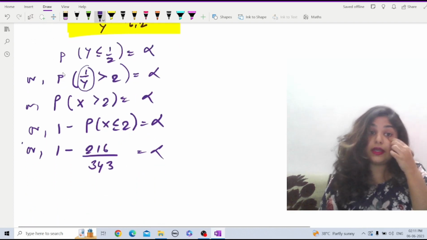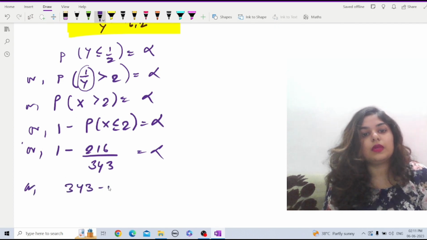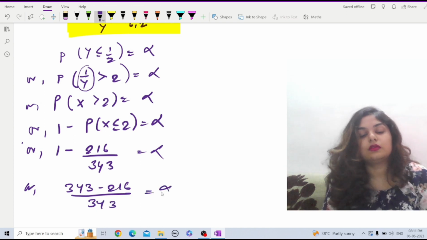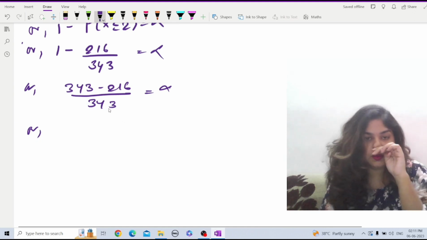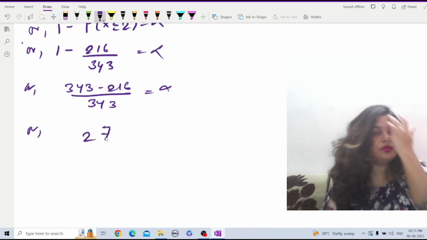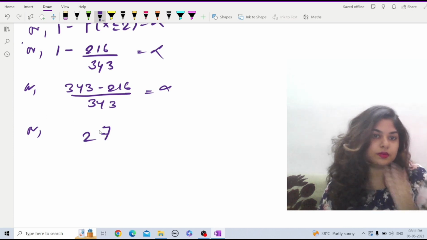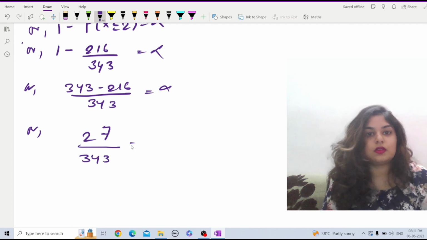Right? Okay, now let us solve here. So this is 343 minus 216 by 343 is equal to alpha, or this is 127 by 343 is equal to alpha.